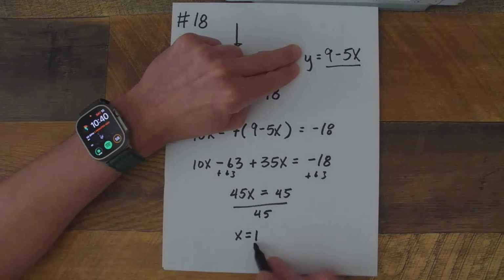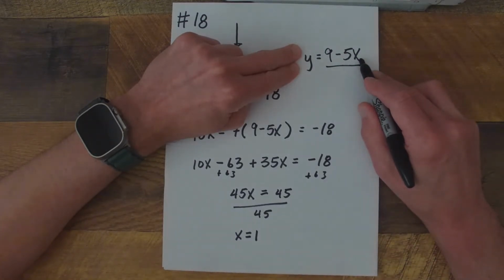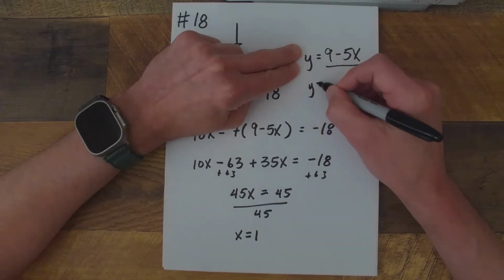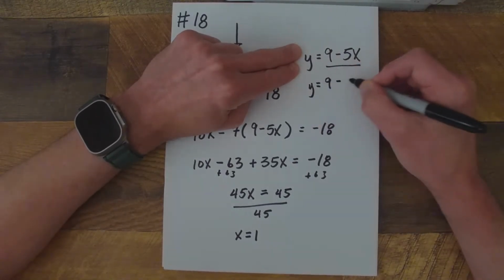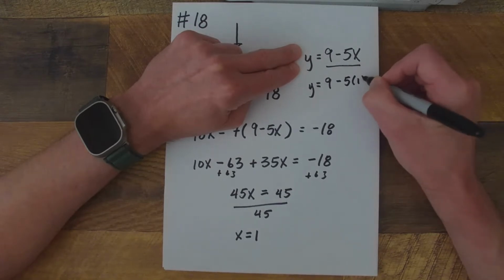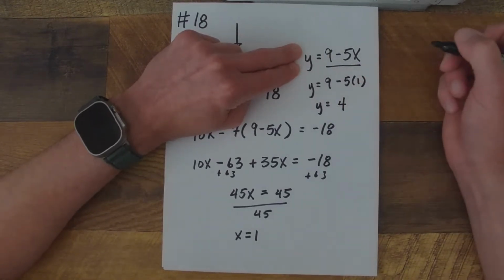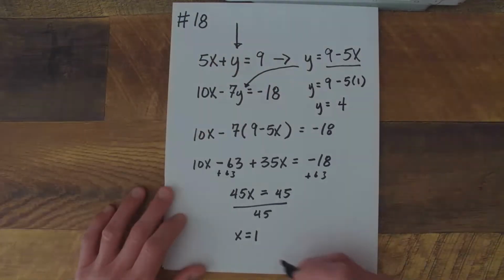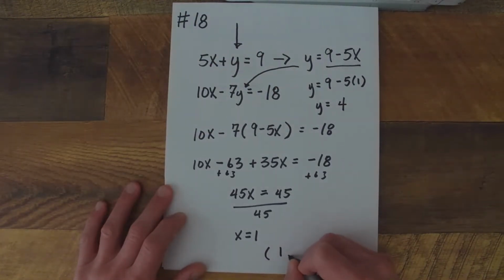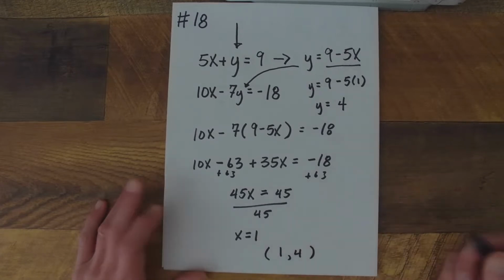We can now take 1 and substitute it here, and that will give us the answer for y. So y equals 9 minus 5 times 1. So y equals 4. To list that as an ordered pair, that's (1, 4). That's your final answer.